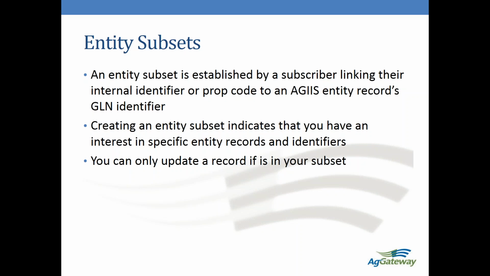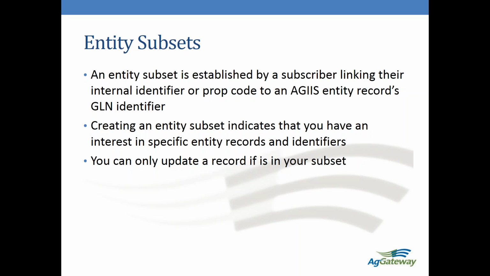So we have a subset extract. At any point in time, you can extract the information and receive a file of all the entities that are in your subset. We also, on a daily, weekly, or monthly basis, will provide you an incremental extract of changes. Anything that changes within the system, we'll provide that out to you so you can use that information to stay in sync with the database.